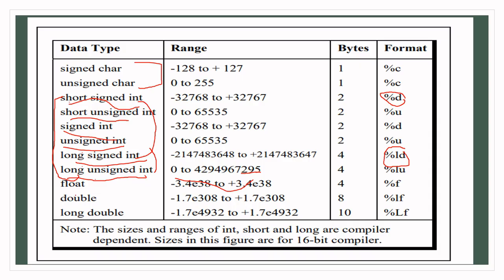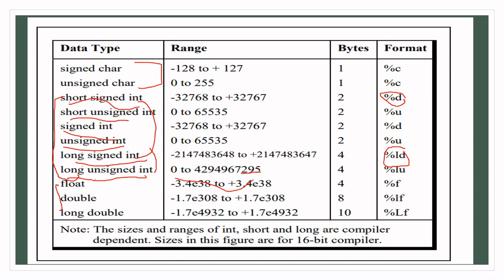And here are some real constants: float, which ranges over these values, and also double and long double. All three belong to real constants. The format specifier you need to use is %f.